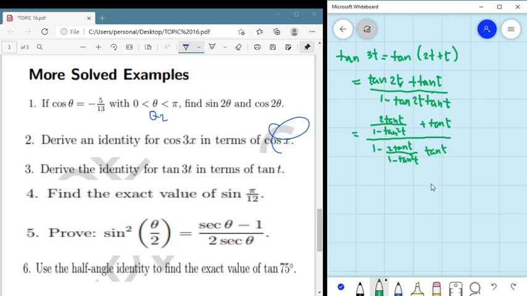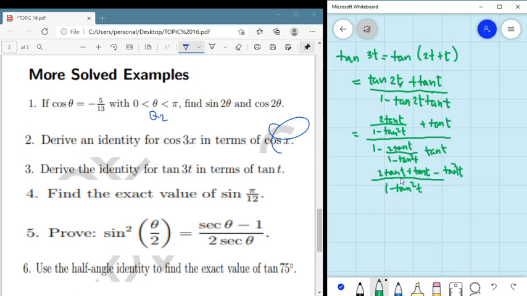Okay. Then simplify ang denominator. Simplify ang numerator. Ang numerator daan ha 1 minus tangent squared t is 2 tangent t plus tangent t minus tangent cubed t.